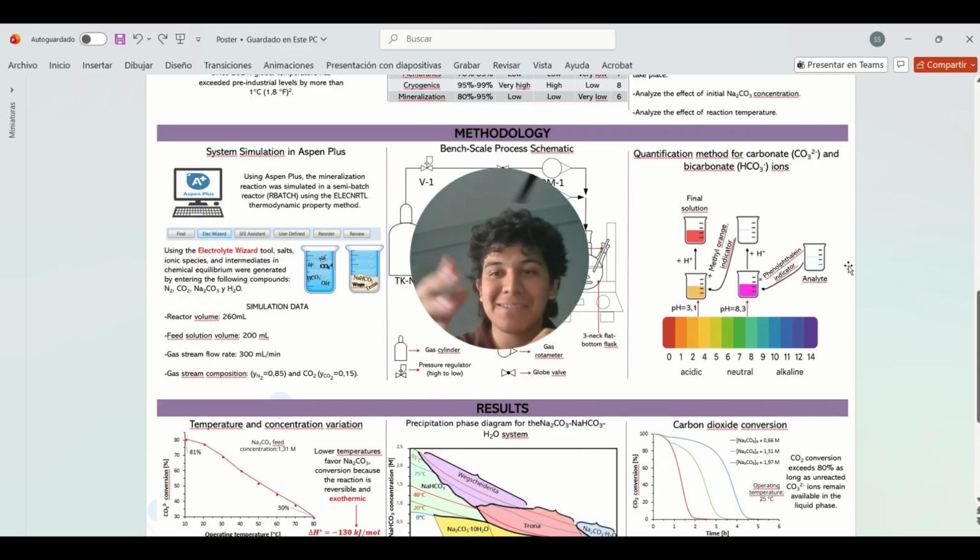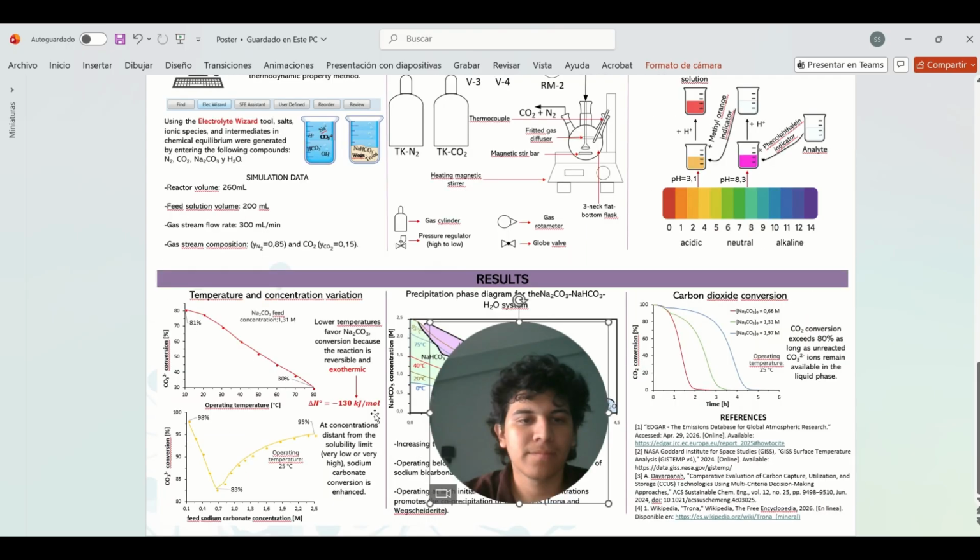Using phenolphthalein indicator and methyl orange indicator, I have a final solution. With this titration, I quantify the carbonate and bicarbonate ions of this solution.